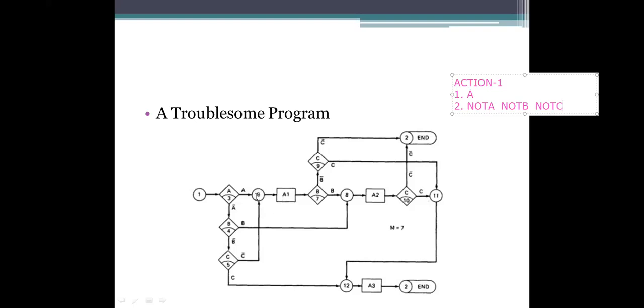Only one from 6. So from 6 you are having 2 incomings. So here these are the 2 values.